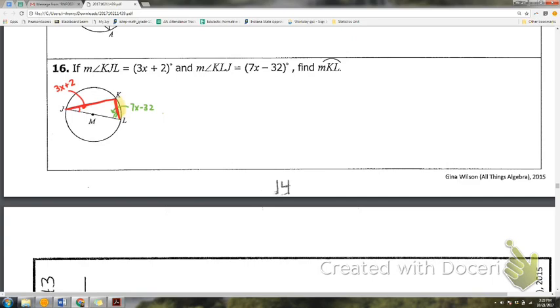And so if it's opening up to the diameter, it is a 90-degree angle. Okay, so now we have a triangle, and we know that all angles in a triangle add up to 180. So if I have 3x plus 2 plus 7x minus 32 plus 90, it has to give me 180 degrees. All right, take a minute and go ahead and solve that.